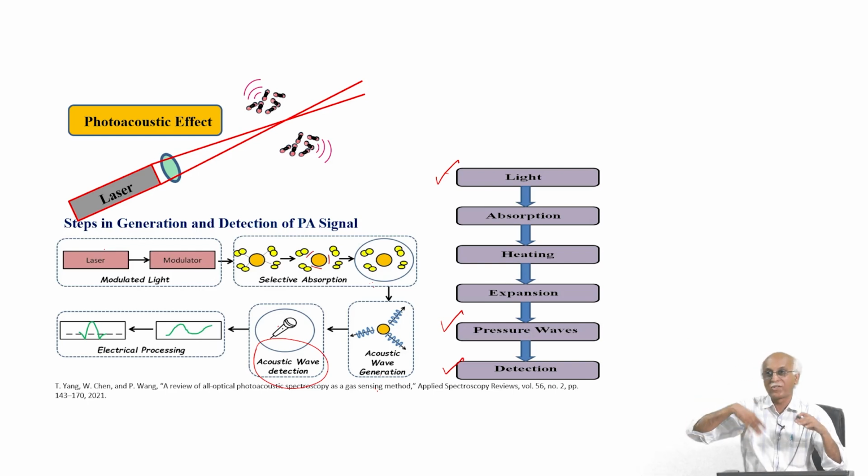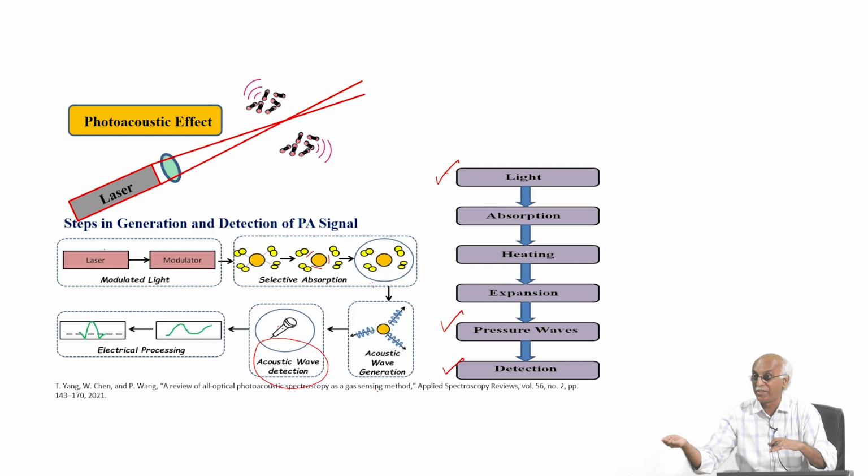Assuming there is no external noise coming into picture, which is a challenging part, but assume it is silent in the cell, and the background noise is constant, then in the absence of gas molecules there is no acoustic signal, and in the presence of gas molecules there is an acoustic signal. So, the signal to noise ratio is quite better.